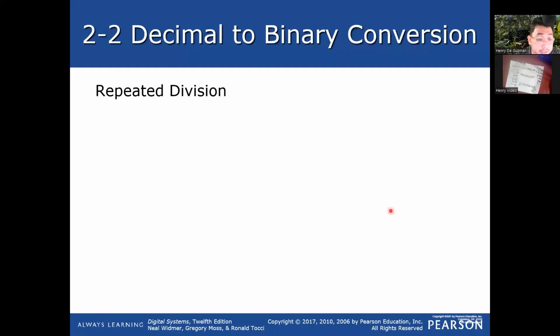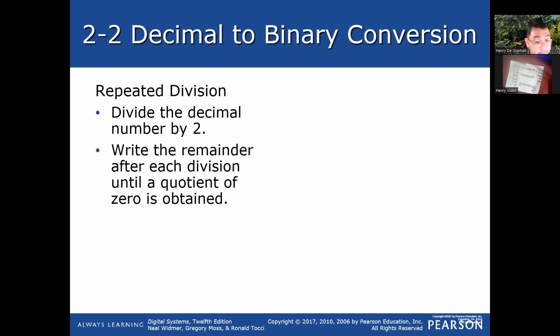Okay, so this is a repeated division naman, no? Okay, so for the repeated division, divide the decimal number by 2, no? That's the first step. And then write the remainder after each division until a quotient of 0 is obtained.